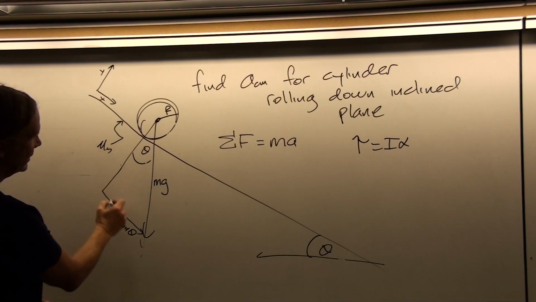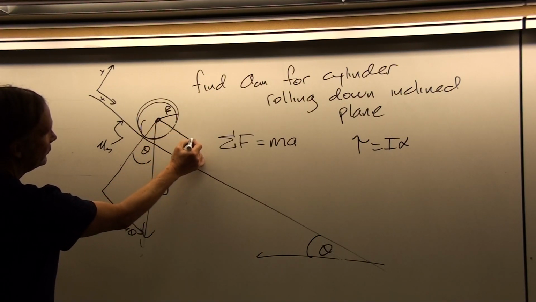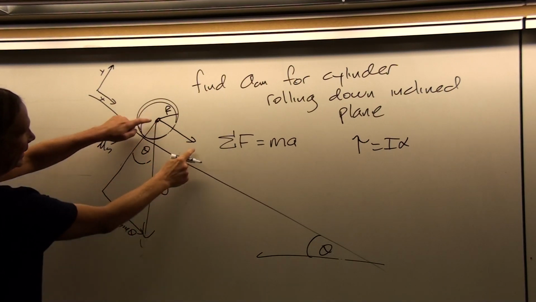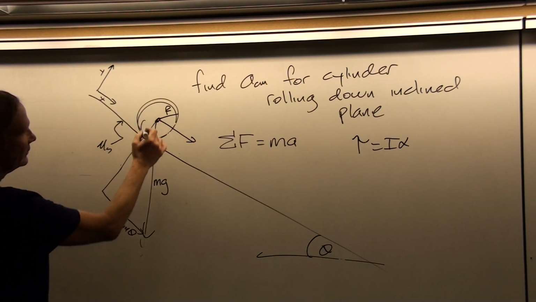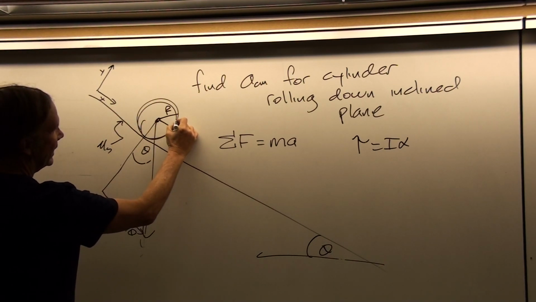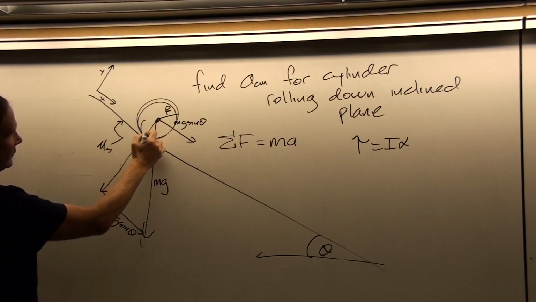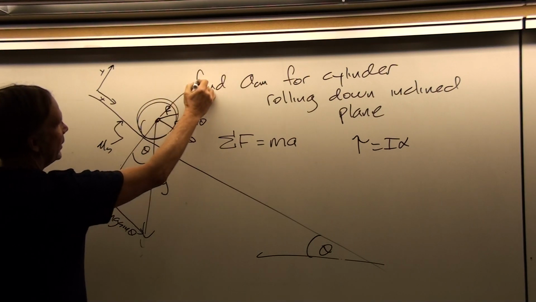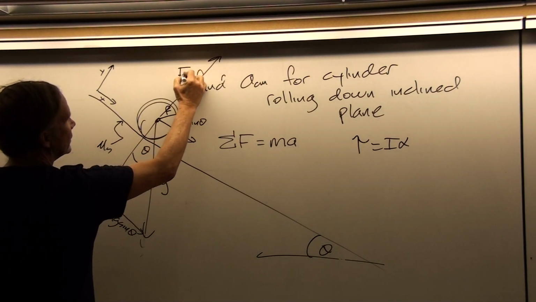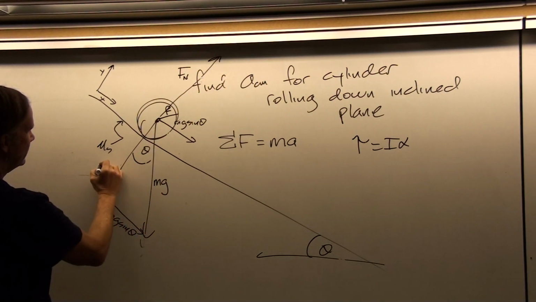It has that component of force, but here we should put it right through the center of mass, realizing that that force is acting through the center of mass. So we have mg sine theta. And then the component of the force which is opposed by the normal force is going to be mg cosine theta.